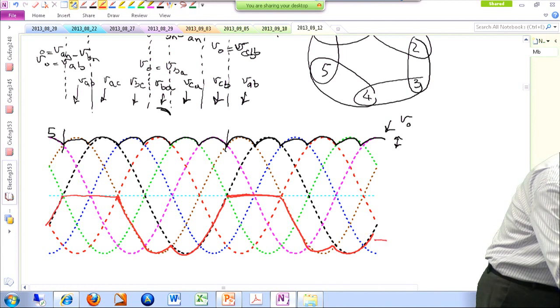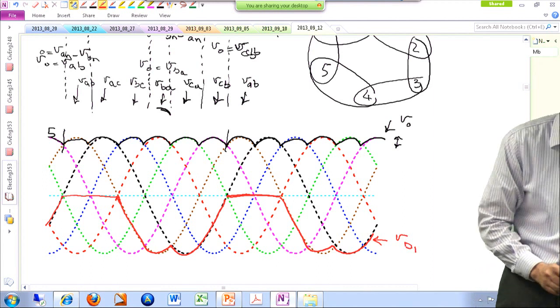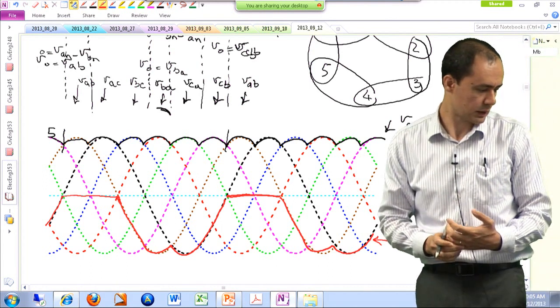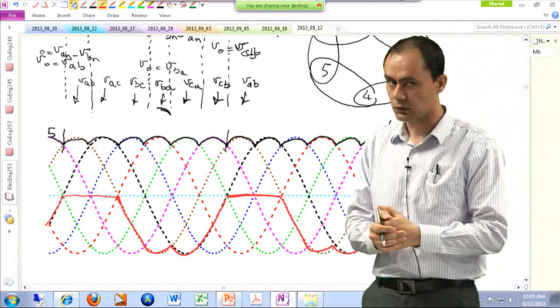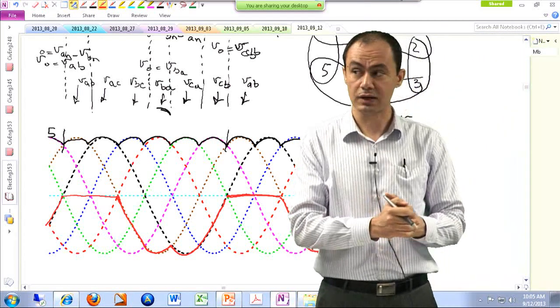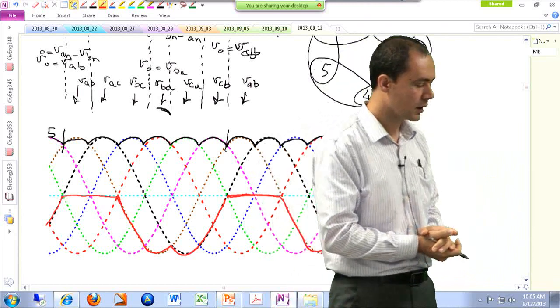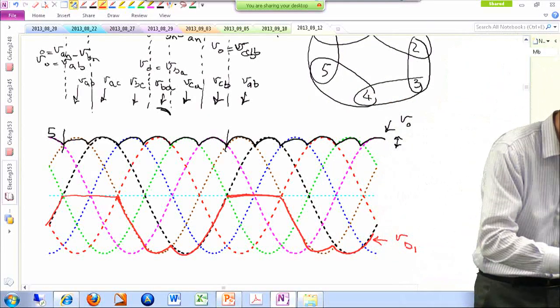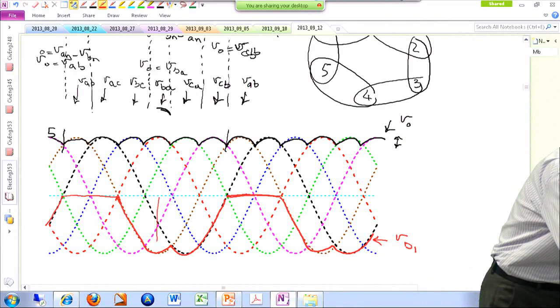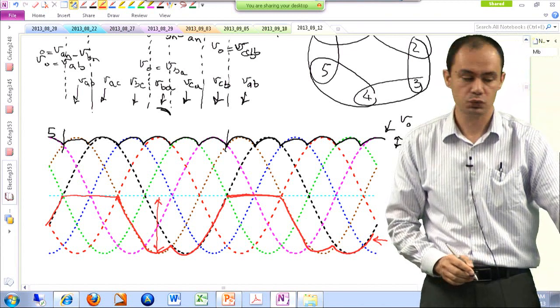Okay, so this is going to be voltage drop across a diode. Remember, whenever you are plotting the voltage drop across a diode, it should either be 0 or negative. This is the case here. And whenever the diode is blocking a voltage, the peak voltage that it has to block is the peak value of the line-to-line voltage.